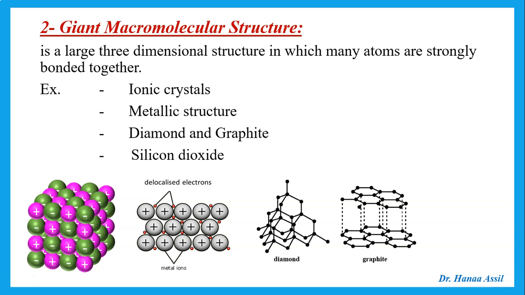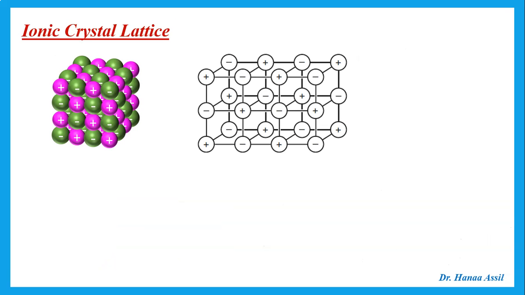Diamond and graphite are giant covalent structures, and silicon dioxide also is a giant covalent molecule. So we either have giant ionic, giant metallic, or giant covalent, like diamond, graphite, and silicon dioxide.